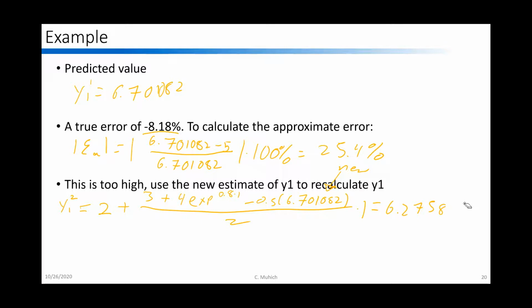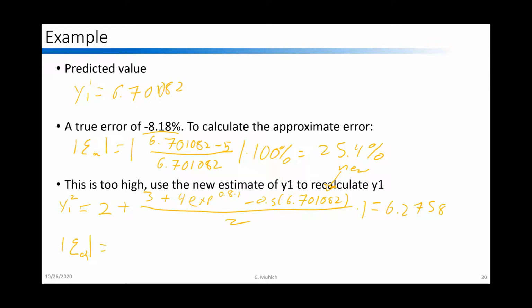So now we have our new value of y1. We can see that the difference between our new estimate and the old estimate is much closer. Instead of being off by 1.7, my y has only changed by 0.5, so significantly better. We still, though, should calculate what my approximate error is.